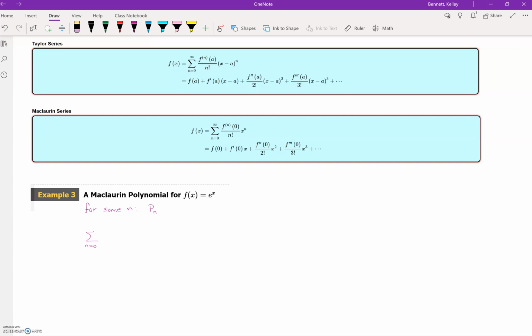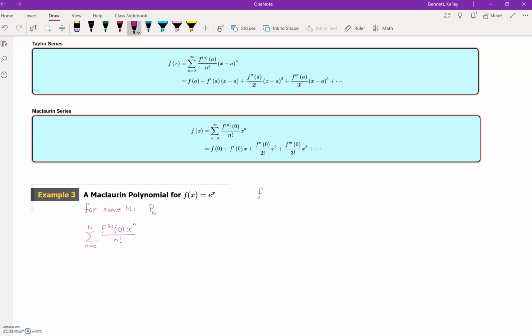Maybe I'll use a different n just for clarification. So for some fixed n, you always want to take the derivative, and because it's Maclaurin, we know that we're evaluating at 0. We have x to the power matching the index over n factorial. And so for us, we know that every derivative of f of x is just back to f of x, right?